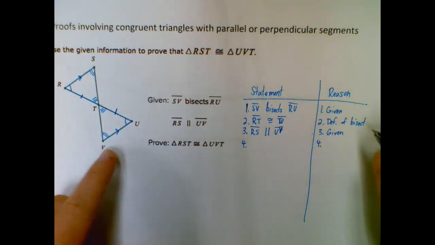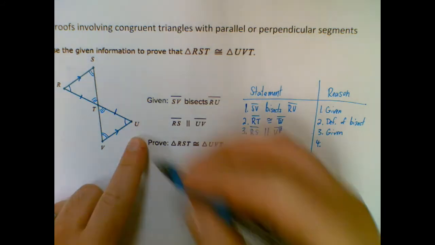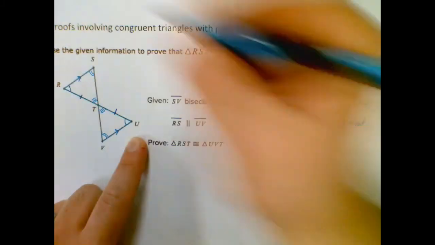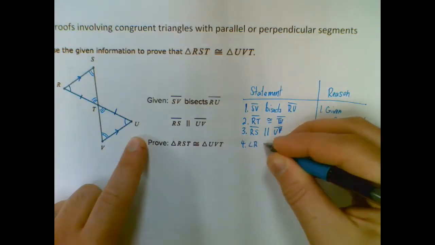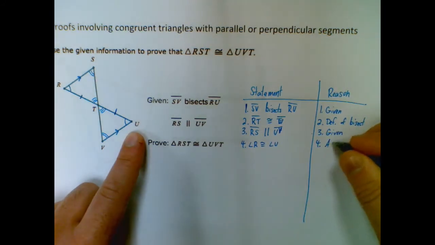So you have a little bit of leeway on how you want to set this one up because we have a lot of stuff. But I know that these are parallel, so I'm going to say that because that is the case from the given, angle R is congruent to angle U because they are alternate interior angles.